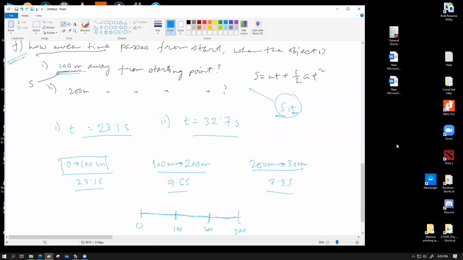Or you could write, less time is taken to cover each 100 meter. The object takes more time initially, and then less time later. Less time later, exactly. You made one word wrong, the rest is fine, perfect.